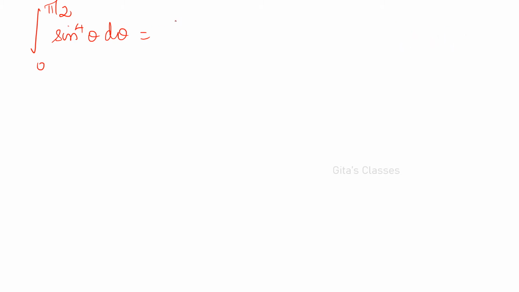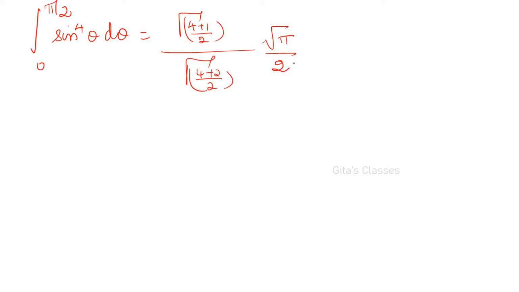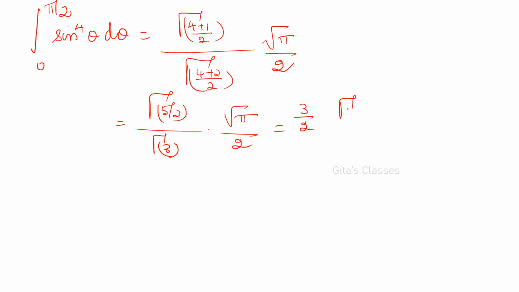So here directly you can substitute, that is root pi by 2 into gamma of (n+1)/2, so (4+1)/2, divided by gamma of (4+2)/2, right? This is the formula. So this is gamma of 5 by 2 divided by gamma of 6 by 2, that is gamma of 3, into root pi by 2, which is equal to: now gamma of 5 by 2 is 3 by 2 into gamma of 3 by 2, right?